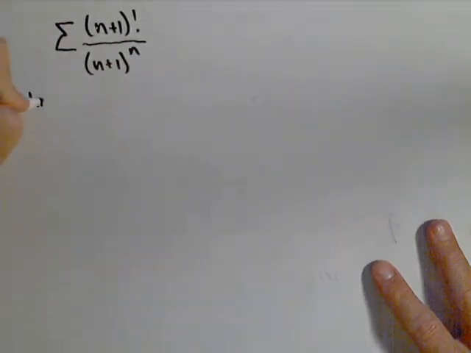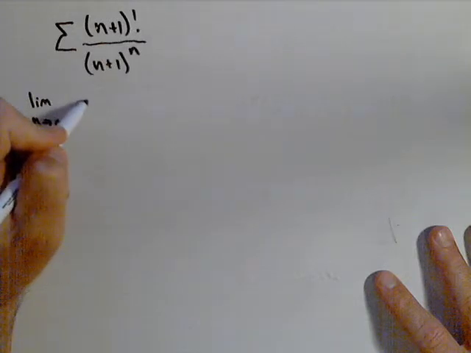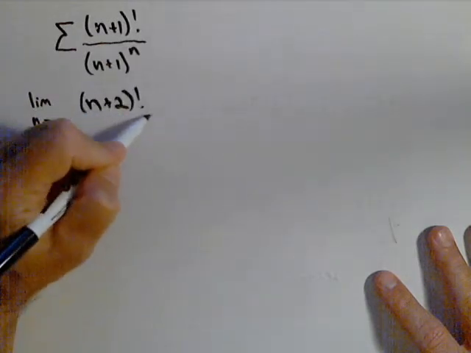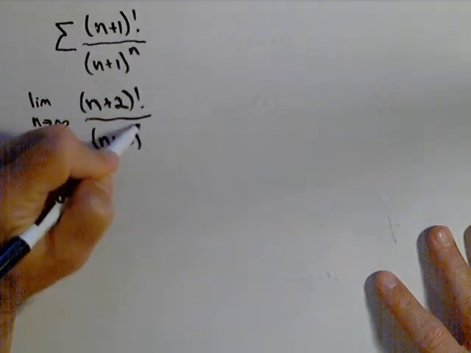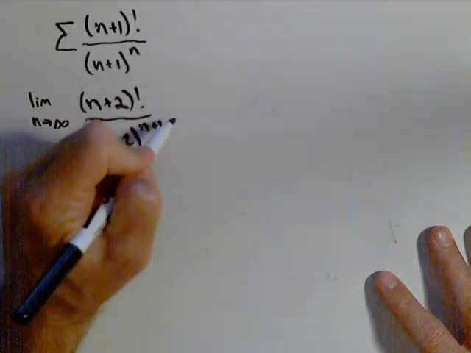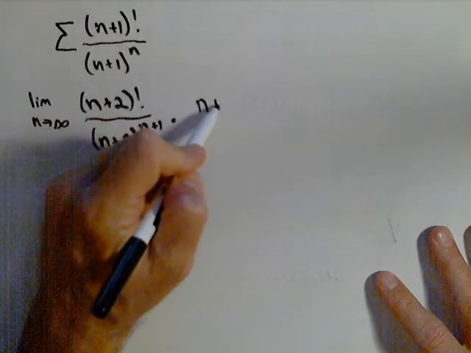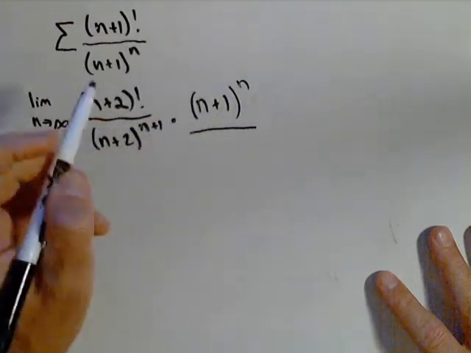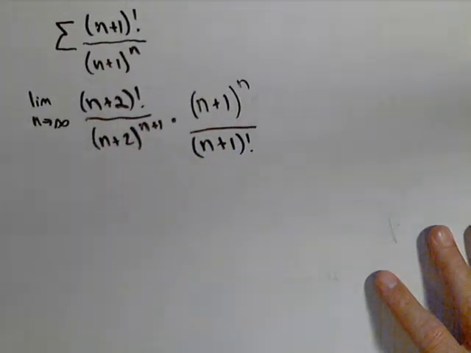So we're going to do the limit as n goes to infinity of, now when I put in n plus 1's for all these, I'm going to end up with n plus 2 factorial over n plus 2 to the n plus 1, times 1 over a sub n, or the reciprocal of this, n plus 1 to the n over n plus 1 factorial.